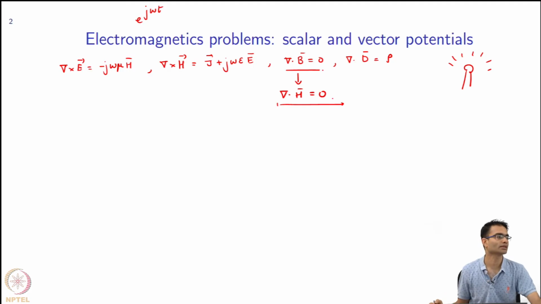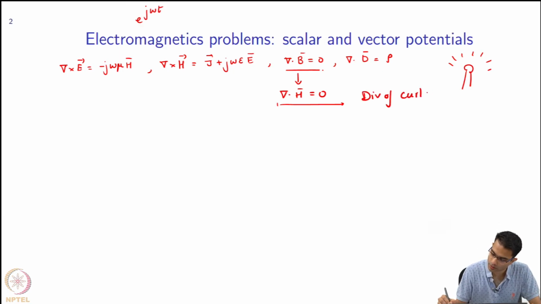Okay. Looking at this, by using your standard identities in vector calculus, this is satisfied by any vector of the form of what form? Can I replace H by something and make a statement that will always be true? Curl, right. So, the idea is that divergence of curl is always 0 regardless of what the field is.